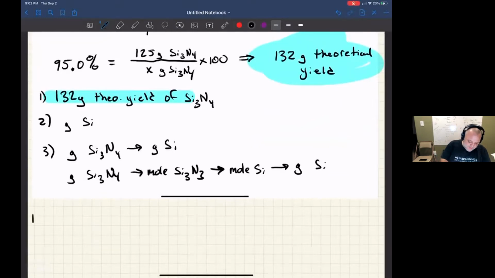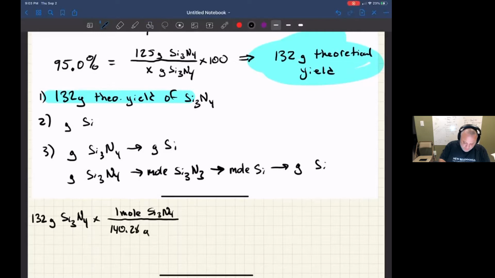So putting it together, I've got 132 grams of silicon nitride. I can calculate the molar mass of silicon nitride, and that's 140.28 grams.